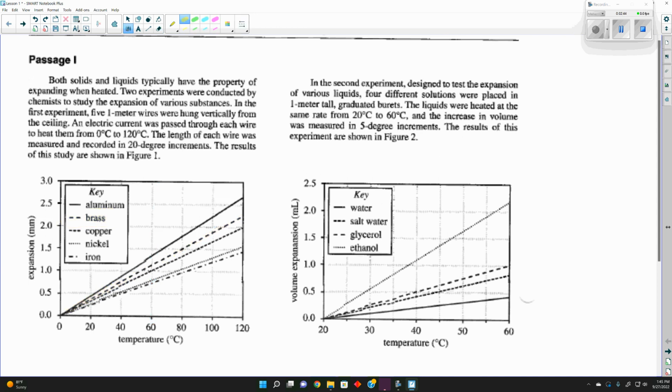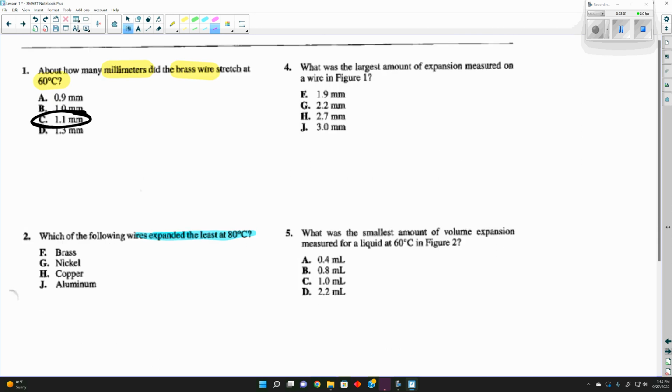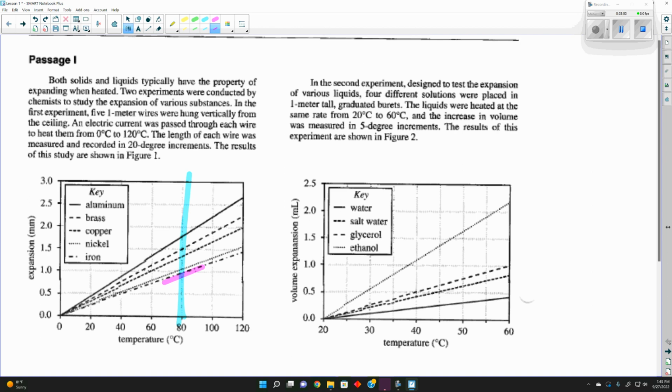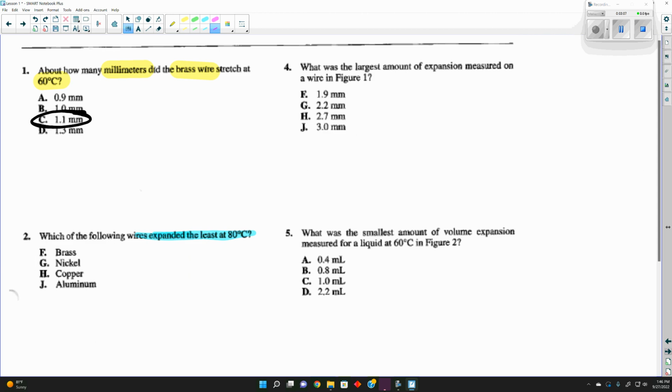We're looking at 80 degrees Celsius. Which one of the lines increased the least? Iron is not one of them. The next one is nickel. Is nickel one of our options? Yes. So the correct answer is nickel.